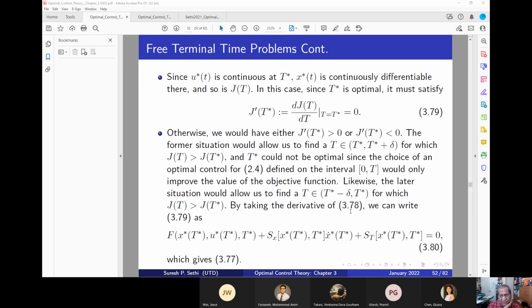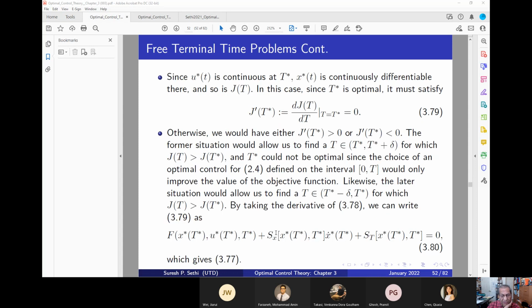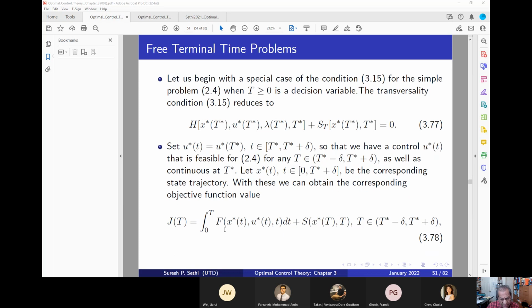So by taking the derivative of 3.78, we can write 3.79 as this. Because you can take the derivative inside the integral, and when you do, we get this. Inside the integral, it is just f sub t, because this is t, so it's just f. And this will have two terms. First, you take the derivative with respect to x star t, so that will be f sub x.